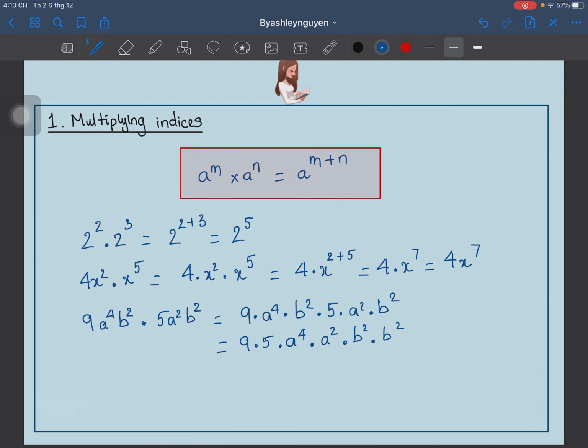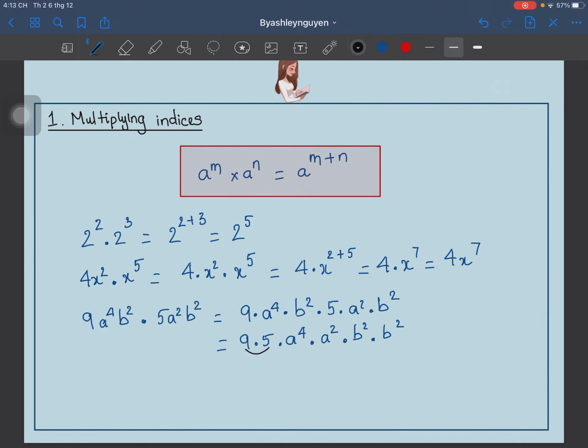Two indices have the same base a and two indices have the same base b. 9 times 5 is 45, and for the other two you need to add up the indices with the same base. It equals 45 a to the power 6 times b to the power 4.